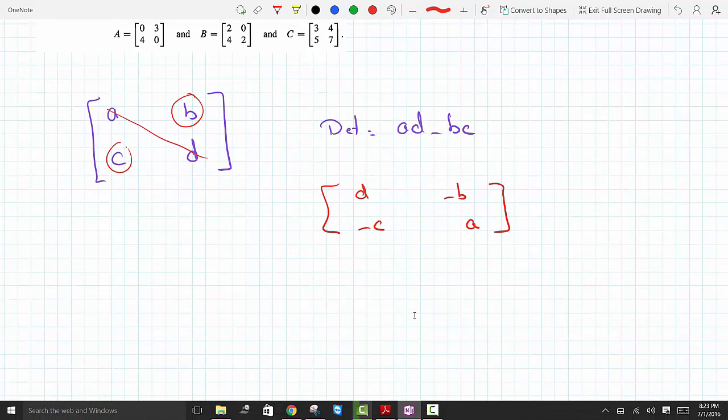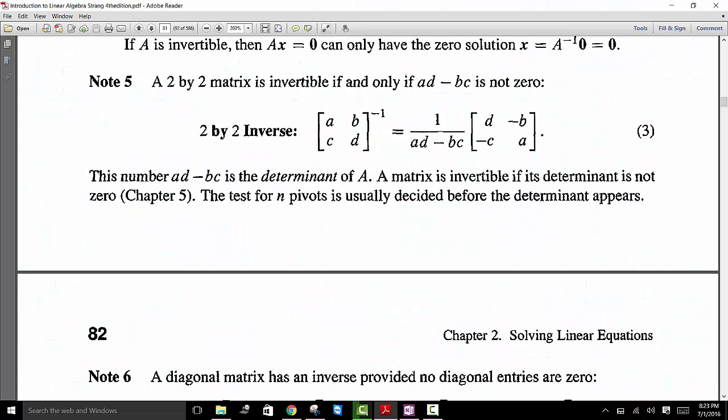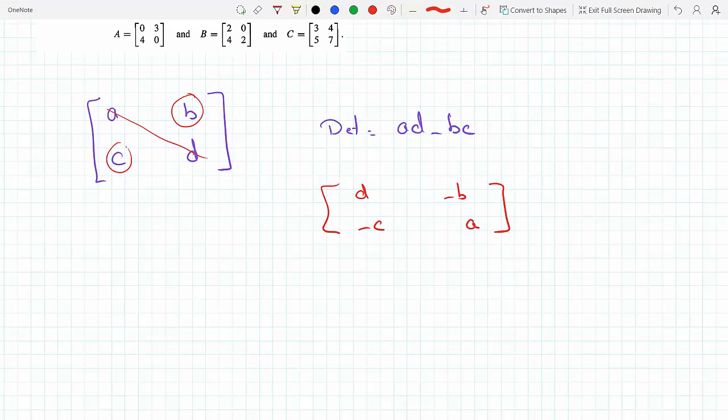Let me just make sure I didn't do it backwards. I'm pretty sure this is it, but let me confirm. Yeah, okay, good. And now what you do is you take this matrix that you got and you divide each cell of the matrix by the determinant.